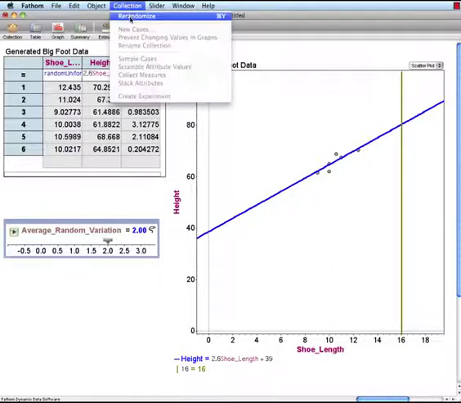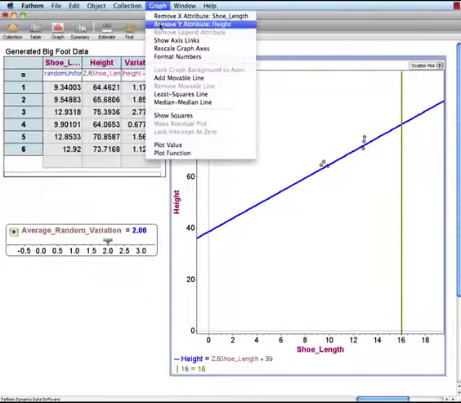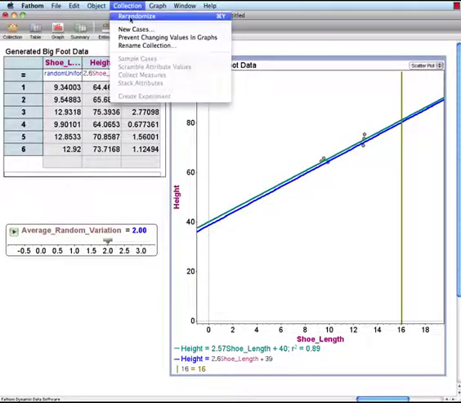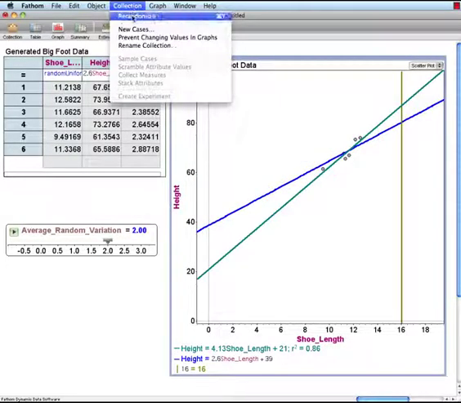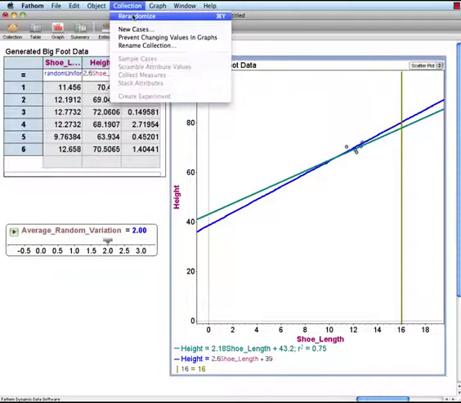But now, for each sample of 6 that Fathom generates, let's ask Fathom to plot the least squares line of best fit. And, let's notice how much the predictions vary for a person whose shoe length is 16 inches. Notice that the predictions vary rather wildly. This kind of variation occurs partly because we are basing our predictions on such a small sample.